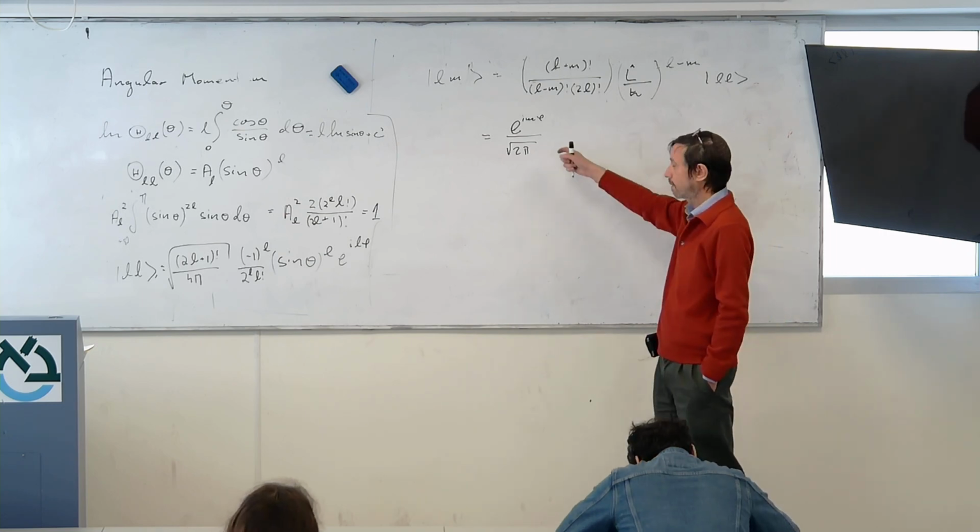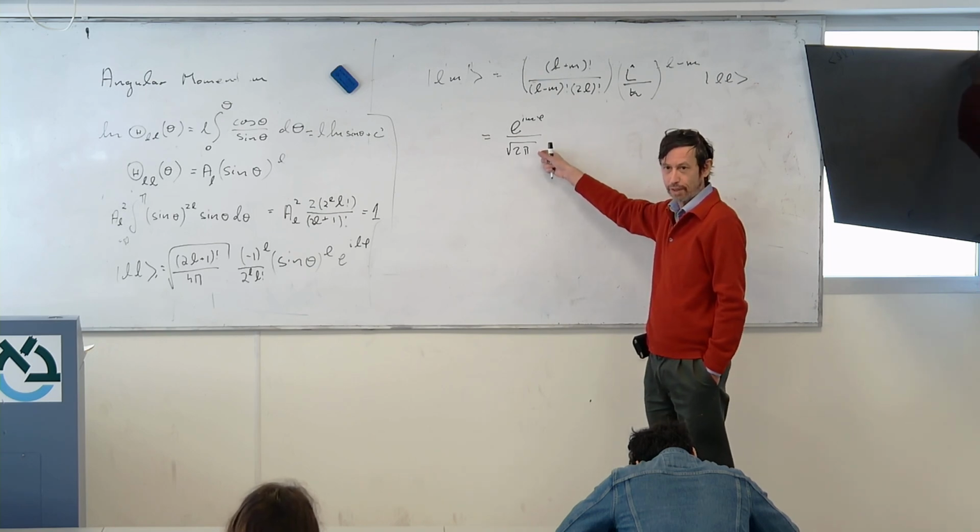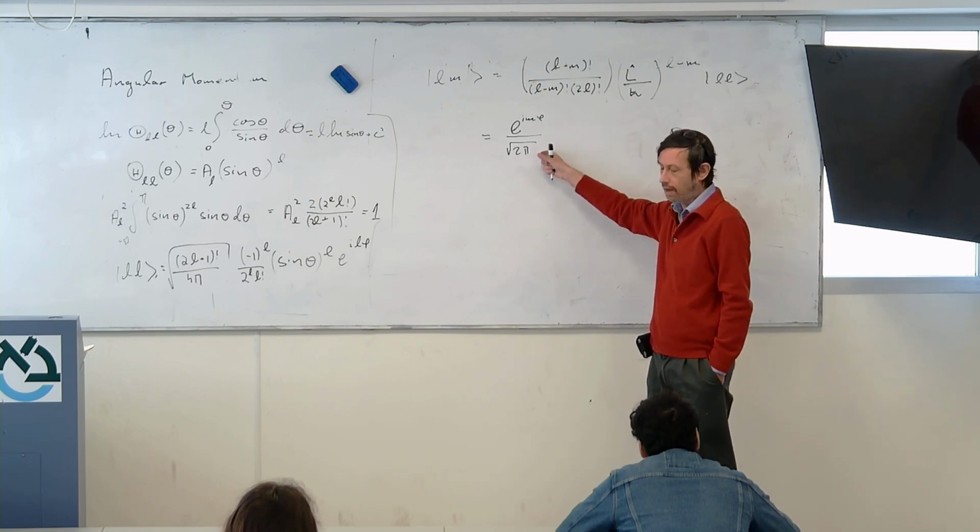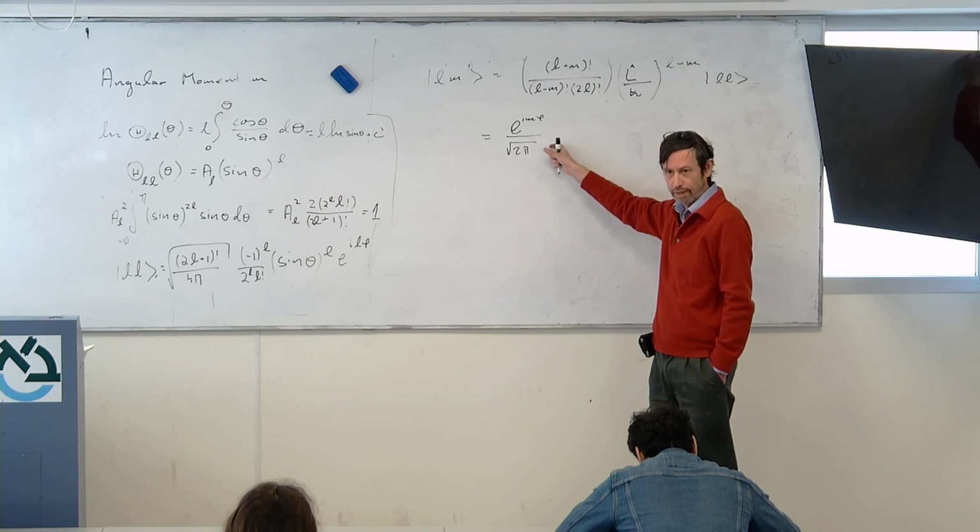So I'm left with the same part of the eigenvectors that depends on phi.